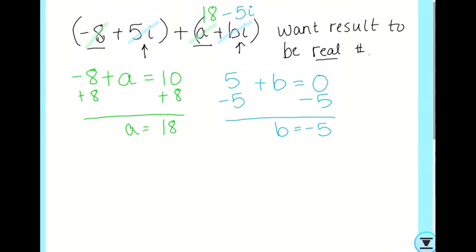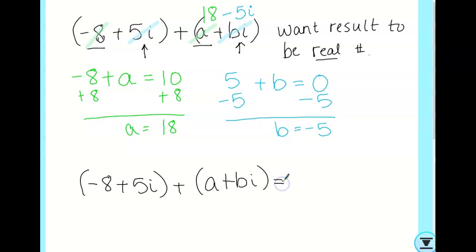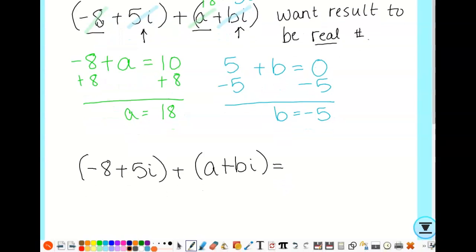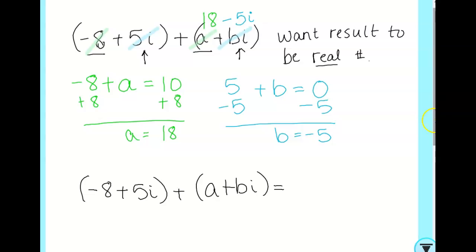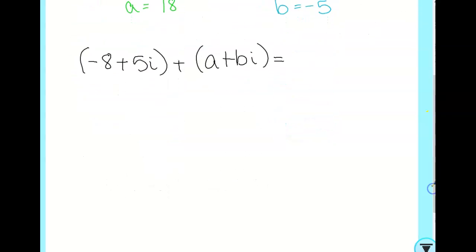So I'm just going to use the exact same complex numbers that we did before. So -8 plus 5i plus a plus bi. But this time I want the result to be an imaginary number.